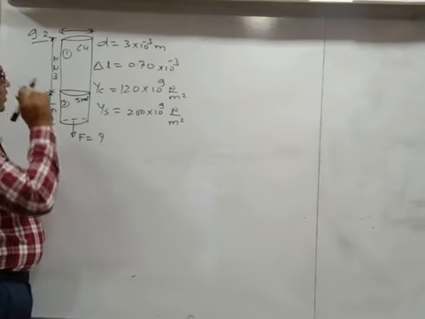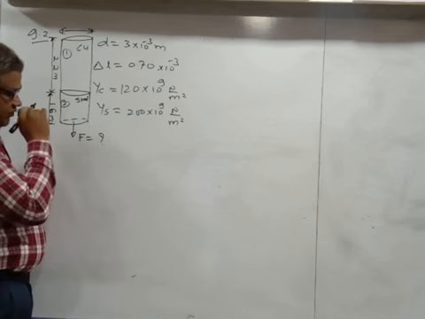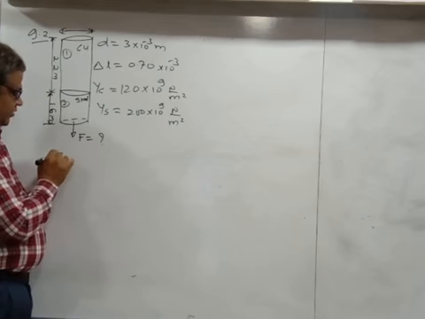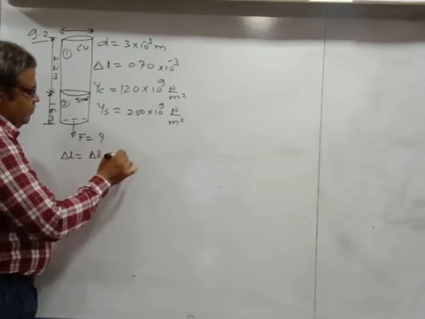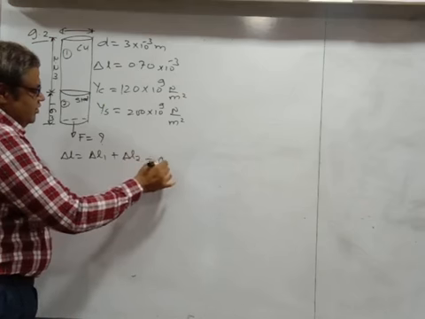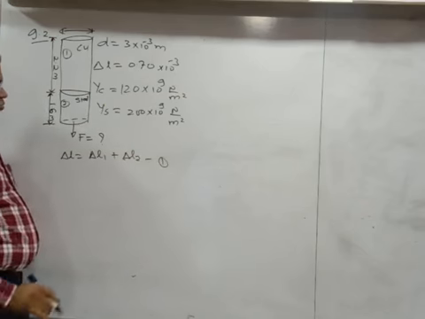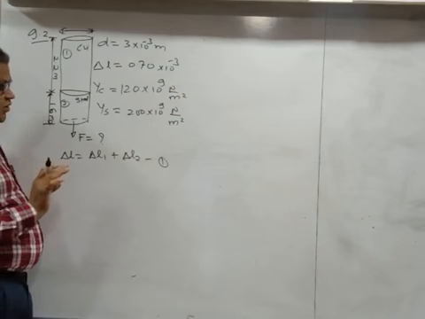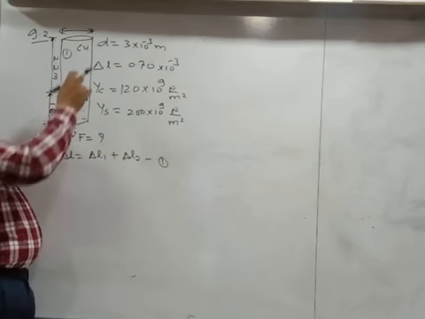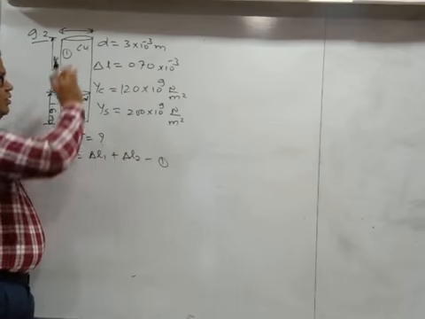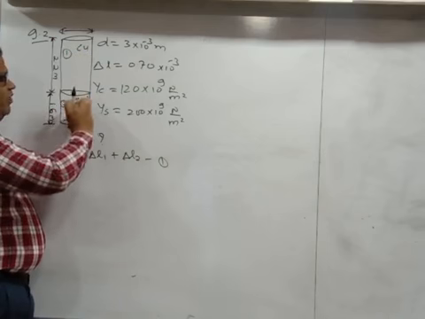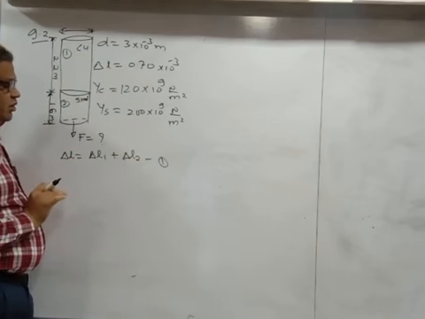Listen here. Now we know this formula. Which formula? That is delta L, total elongation, is equal to delta L1 plus delta L2. Let us say this is our equation number 1. What did we do here? We simply took the total elongation, which is 0.7 millimeter, to be elongation of object number 1 plus elongation of object number 2.